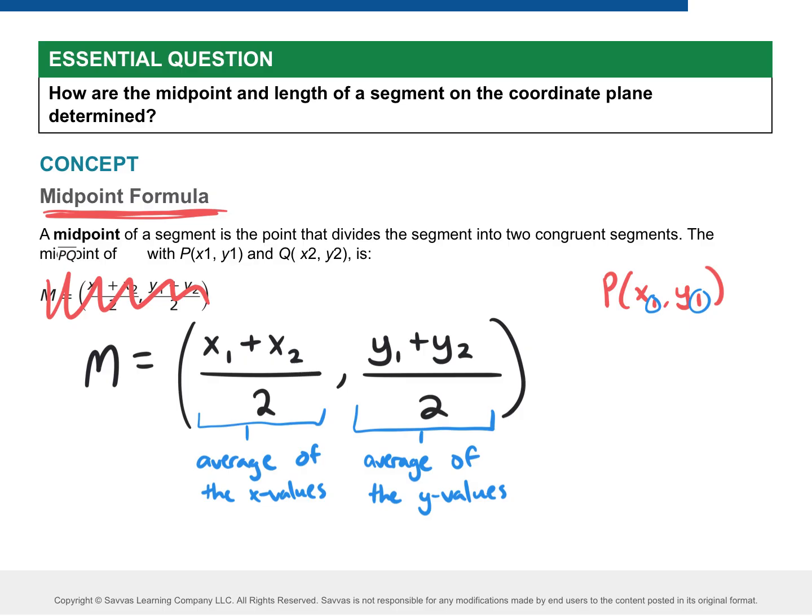Because there's one of them. Yeah, because there's going to be another set of coordinates with different numbers than those. Exactly. So these 1s just stand for the first coordinate. Then what do you think the x2, y2 is? Second coordinate, exactly.